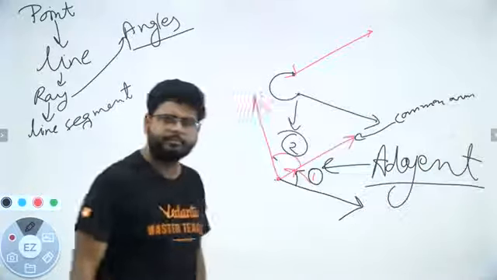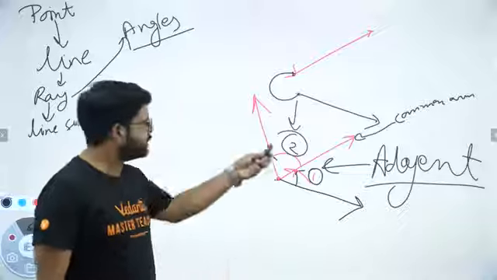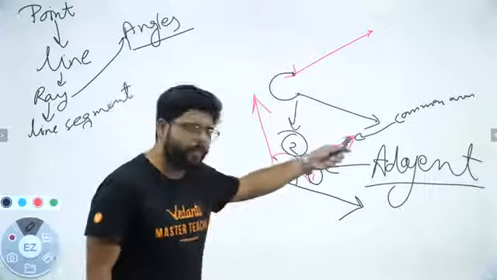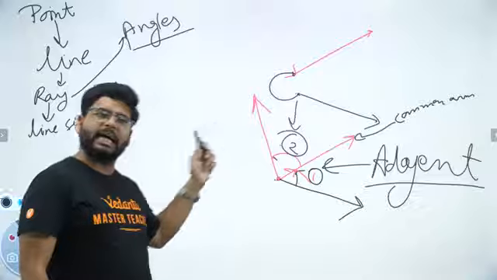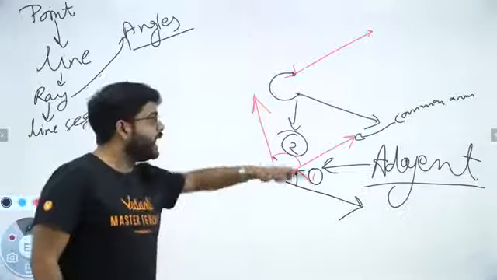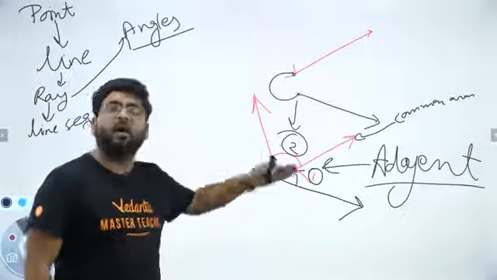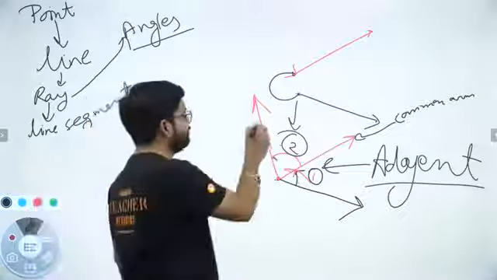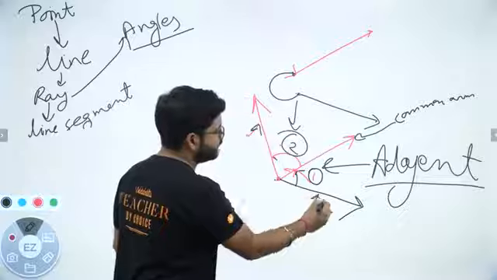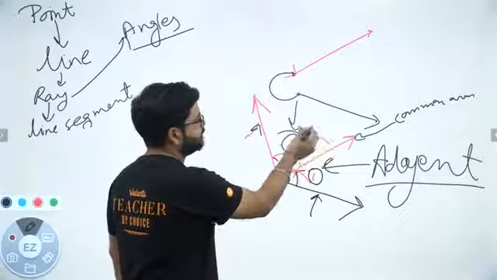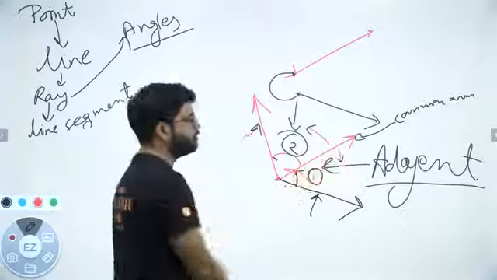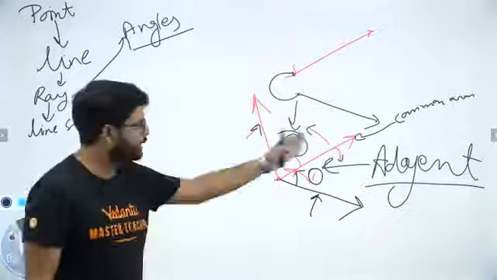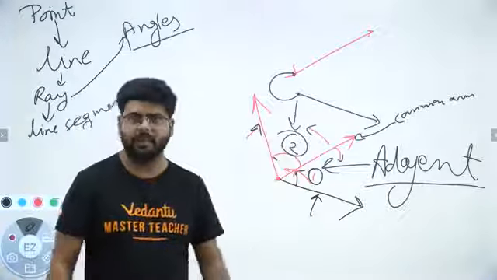Two angles sharing a common arm, and the other arms lie on the opposite sides of that common arm. Can I say that this arm and this arm lie on the other sides? One is lying towards this side, one towards this side, right? So they are lying towards the other sides of this arm, right?